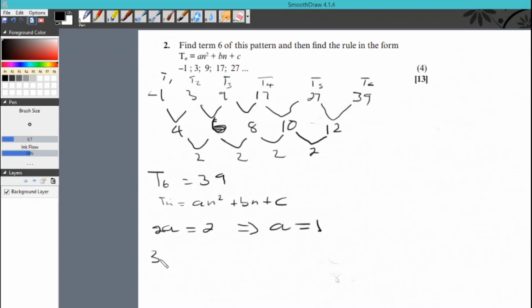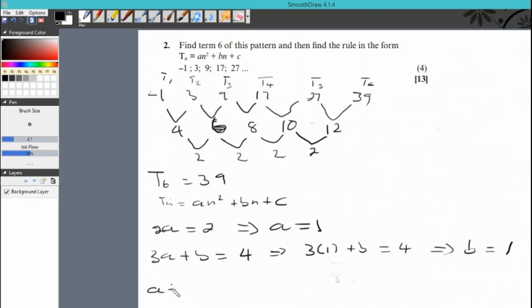Then 3a plus b is equal to 4, which implies that 3 times 1 plus b is equal to 4, so b is equal to 1.